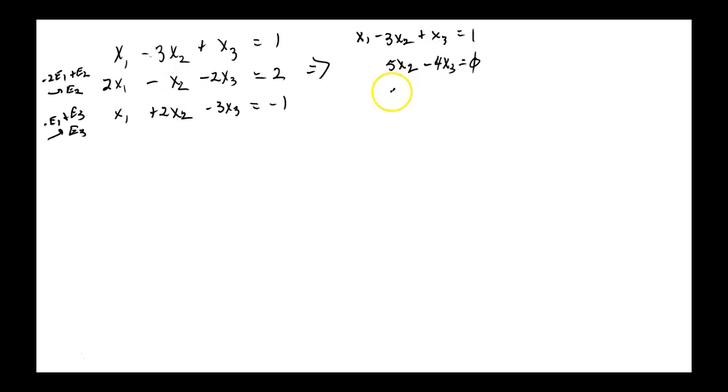Plus 2 would be 5x2, right? Yay or nay? Yes, sir. Okay. Minus a 1 would be minus x3, right? Minus x3 minus 3x3 would be? Minus 1 minus 3 is?